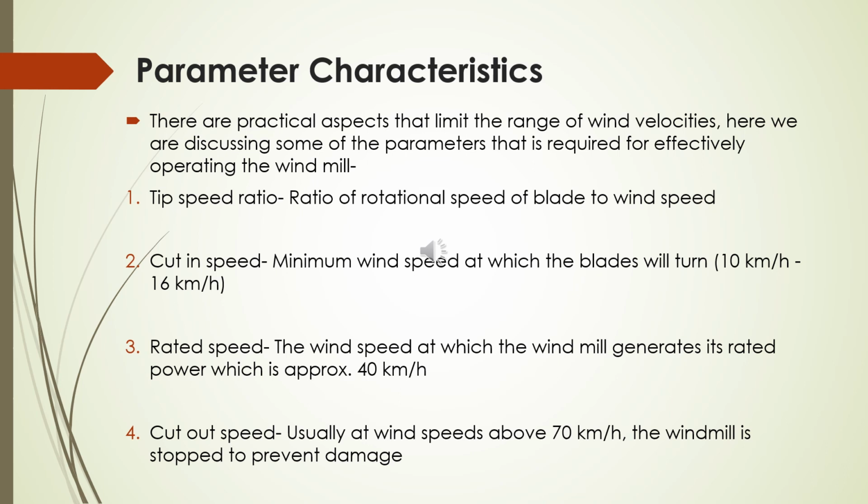After having a certain speed or a high speed of wind, it limits its operation. For preventing the damage, the windmill has to be stopped at a particular wind speed, and that speed is approx 70 km per hour or above that particular speed. The windmill has to be stopped to prevent the damages.